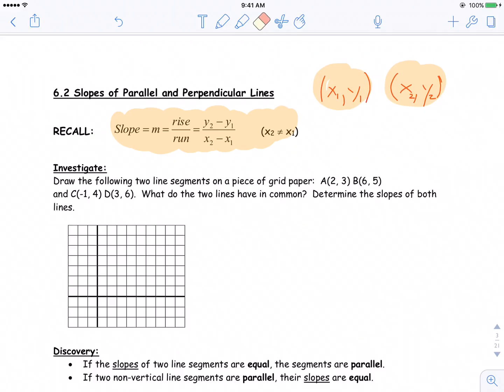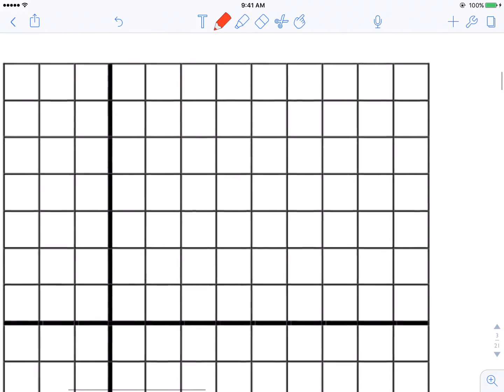So if we plot AB, 2, 3, and 6, 5. 2, 3, here's A, and 6, 5, there's B. There's our line segment.